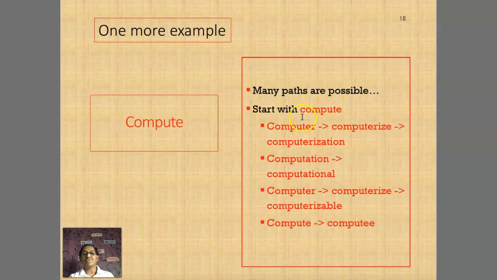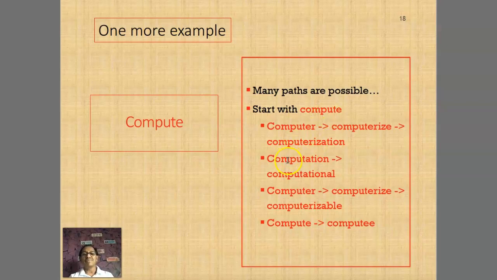You can start with compute. It can become computer by adding er. Then it may become a verb, computerize. Then it can become another noun, computerization. Compute becomes a noun first, then a verb, and again a noun. All of them have different meanings, though the root is the same.